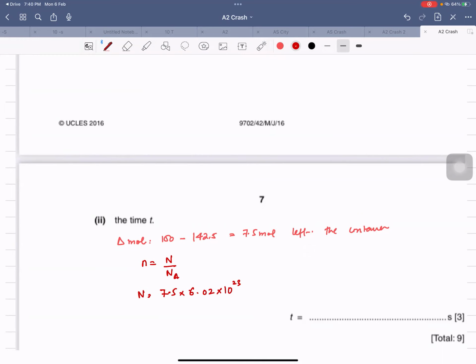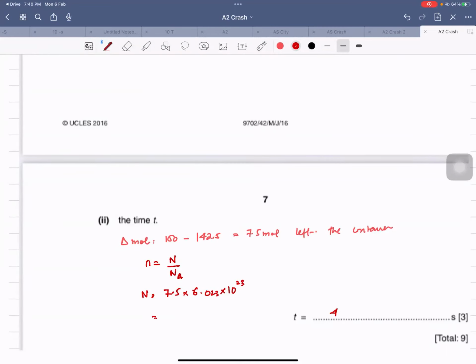6.023. Okay, can you please find this? So 4.5 times 10 power 24.